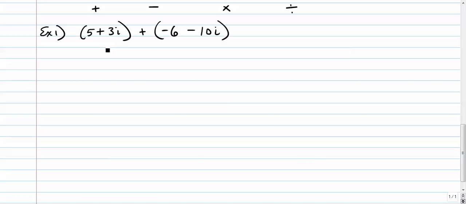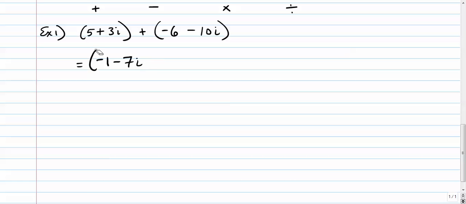All you do here when you add or subtract complex numbers is you really just want to look at the real components and combine those by addition. So that would be 5 plus negative 6, which is negative 1. And you want to combine the imaginary components, 3i plus negative 10i. Well, that's pretty easy. That's negative 7i. That's your answer. You can't really simplify anymore.